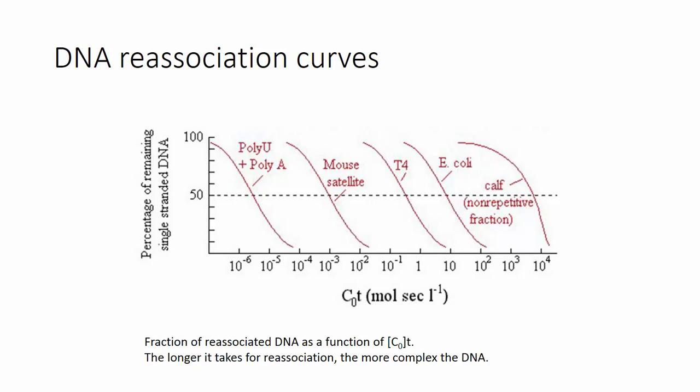And so we can begin to visualize some of this by looking at DNA reassociation curves. We can look at the percentage of remaining single-stranded DNA, which is a function of the product of the concentration and the time. So for example, if we had a run of poly U and a run of poly A in our DNA, then that would come together much quicker than, say, calf non-repetitive fraction DNA or E. coli DNA or Ralstonia eutropha DNA for that matter.